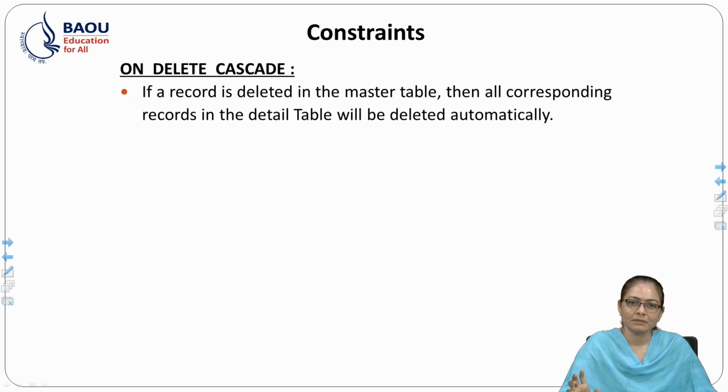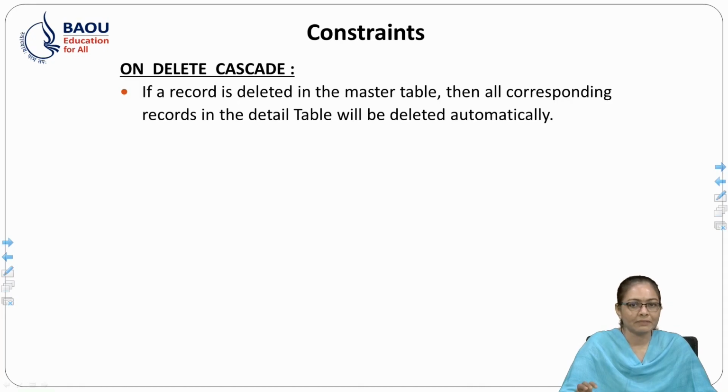You can do this easily using on delete cascade or on delete set null. Using on delete cascade, if the record is deleted in a master table, then all the corresponding records in the detail table will be deleted automatically.